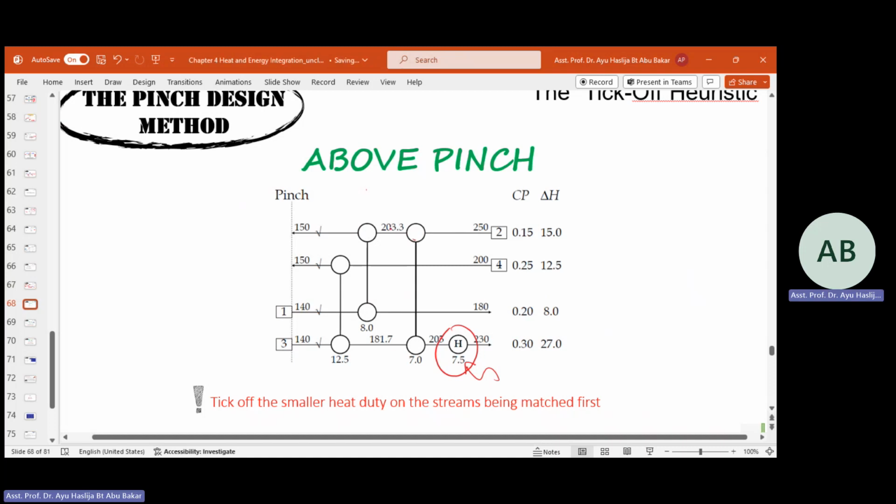Here it exchanges the heat between the streams. The line here is the heat exchange. Heat integration between the streams plus 1 heater.